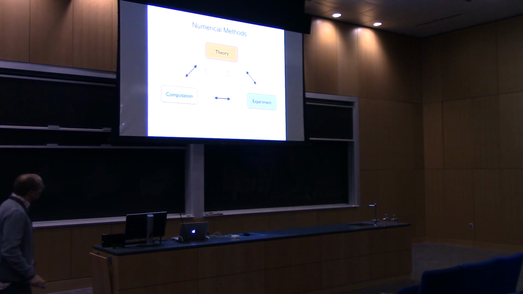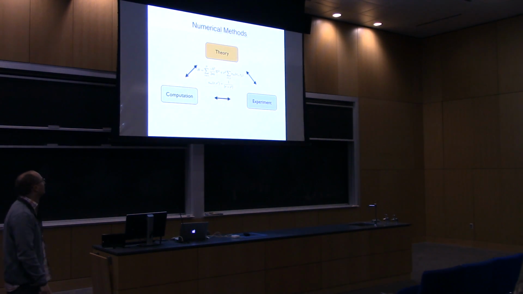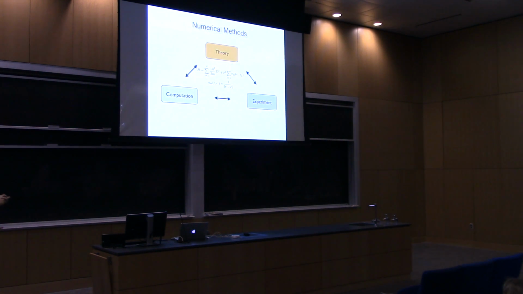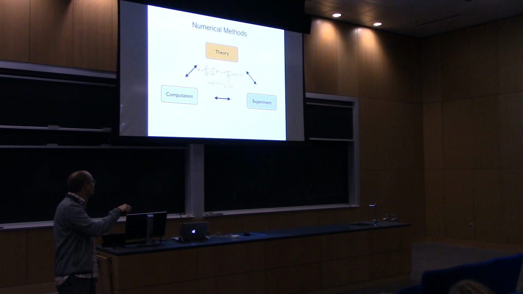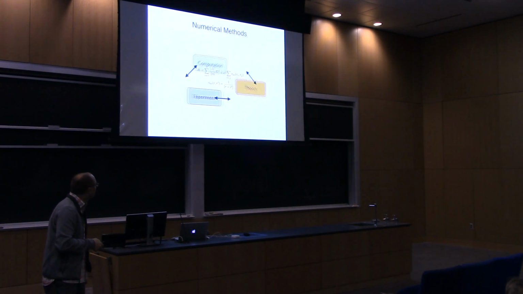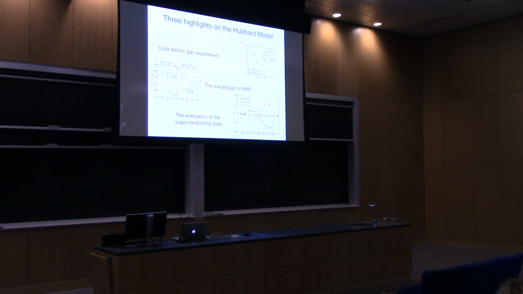So with that, we can then take theory and experiment, have that all in play, but we hope to provide a computational box over here that gives us a feedback between theory and computation, between computation and experiment, and then have that scientific method restored at that feedback. And I hope that over the next couple of minutes, I can give you 3 or 4 examples of how that works in practice.